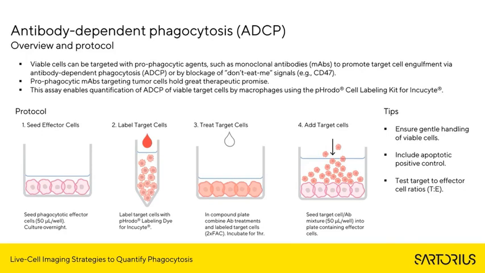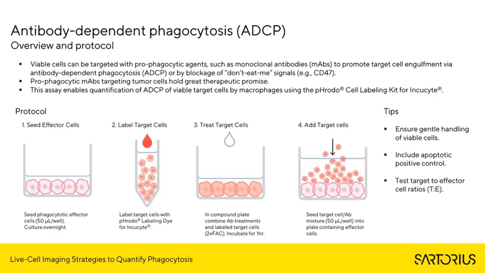So, tips for this assay. Firstly, it's important to ensure the gentle handling of viable cells, throughout the labeling and also seeding. This is because we want to be measuring phagocytosis and not efferocytosis. Sometimes it's useful to use a hemocytometer and trypan blue to check the viability of your cells post-labeling.